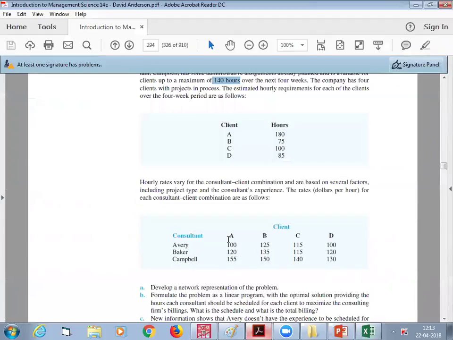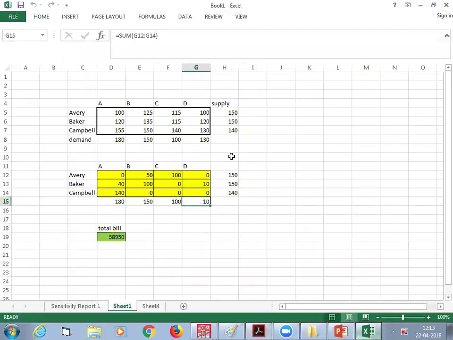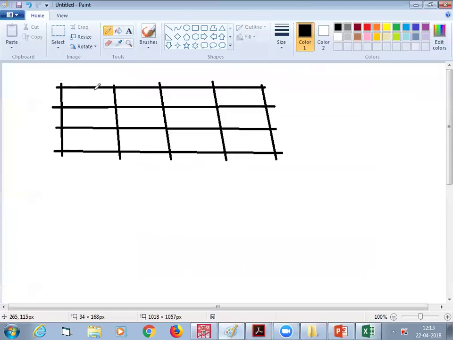So we'll take 155 minus everything else. That will become 55, 30, 40, and 55.